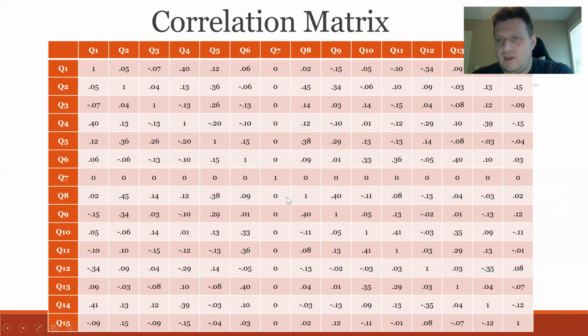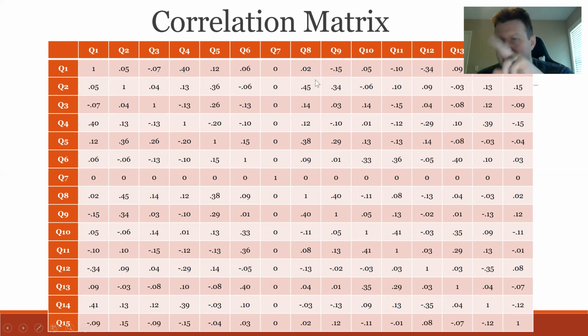Now, let's say we want to see the correlation between question 2 and question 7. I go to question 2, go to question 7, and I see that it's 0. Now, 7 wasn't good. Let's say 2 to 8. The correlation is 0.45.